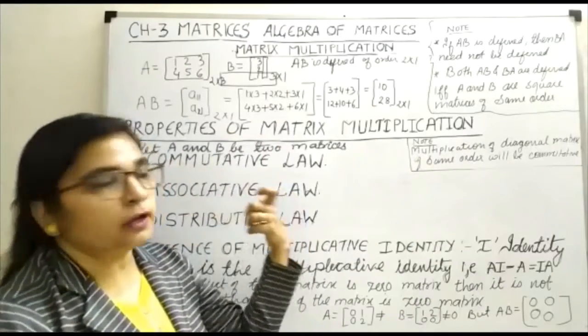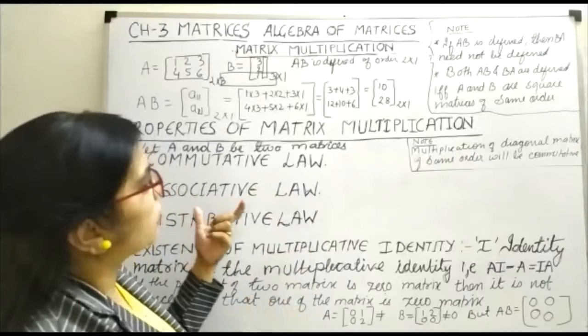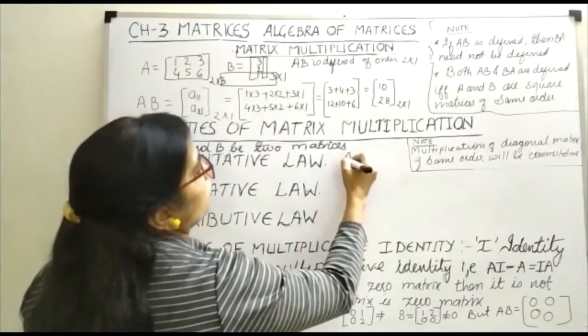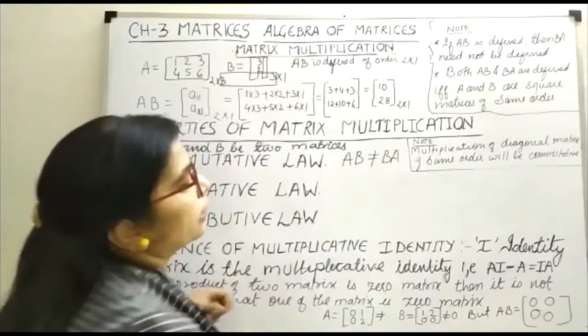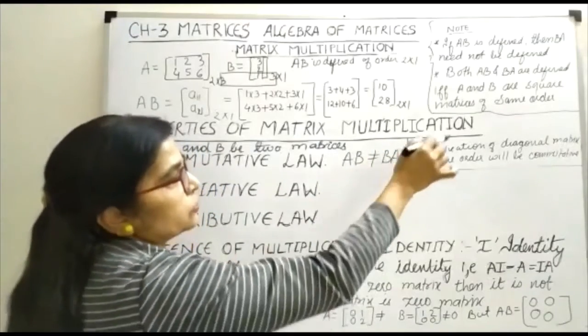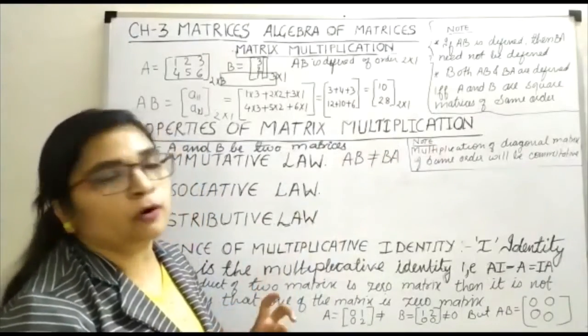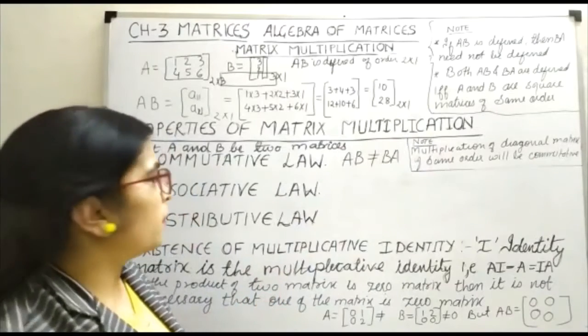Now let us see these properties one by one. If A and B are two matrices, then generally the commutative law does not hold. That means AB is not equal to BA. Here you should note that multiplication of diagonal matrices of the same order will always be commutative.